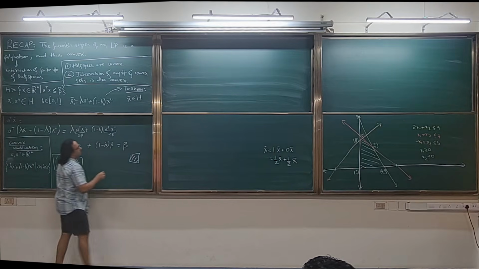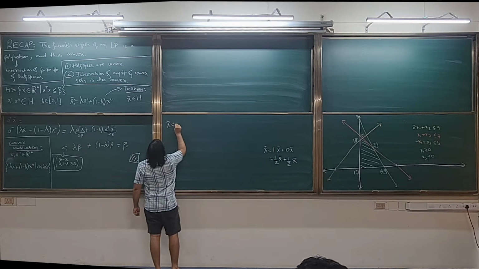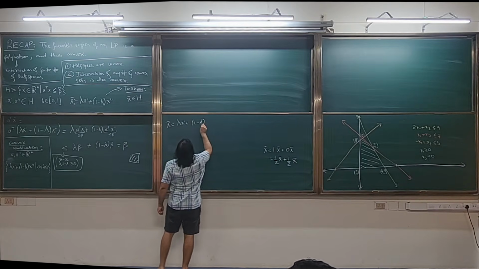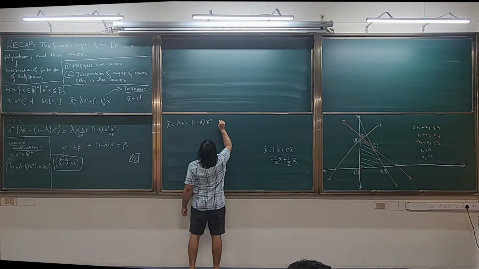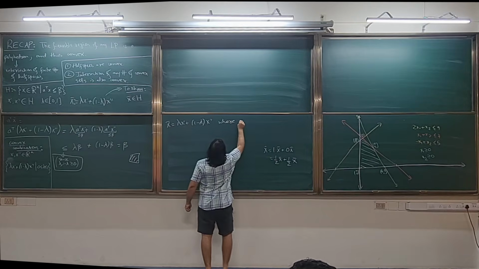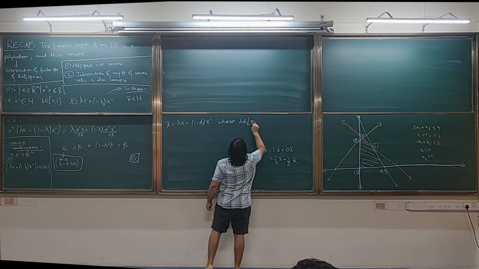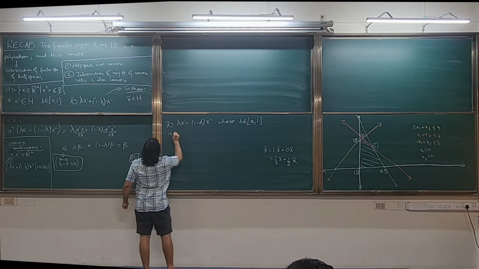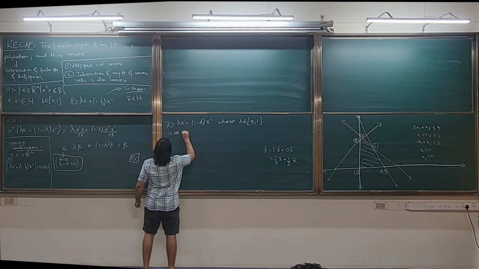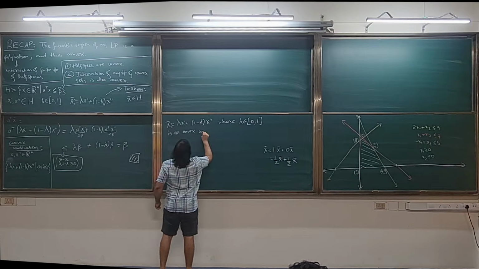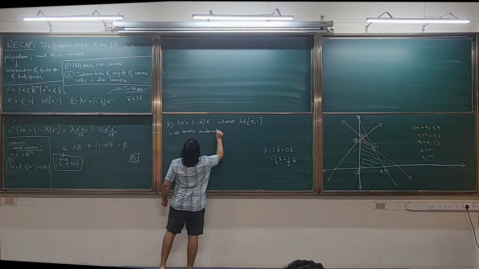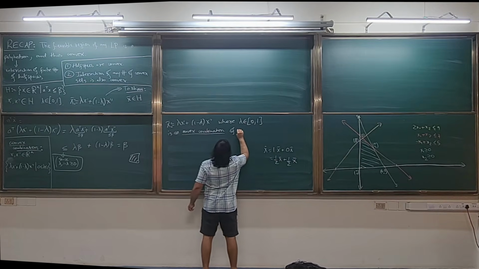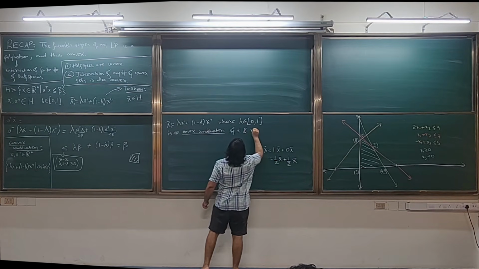So x bar equal to lambda times x prime plus 1 minus lambda times x double prime, where lambda belongs to 0, 1, is a convex combination of x prime and x double prime.